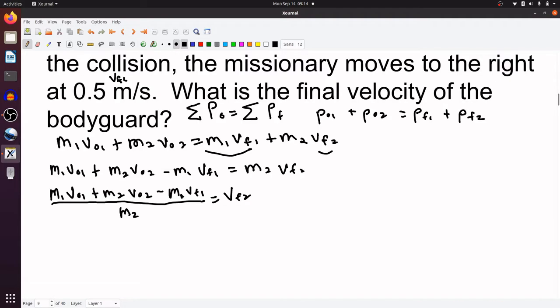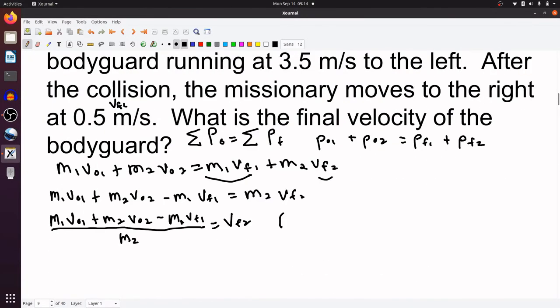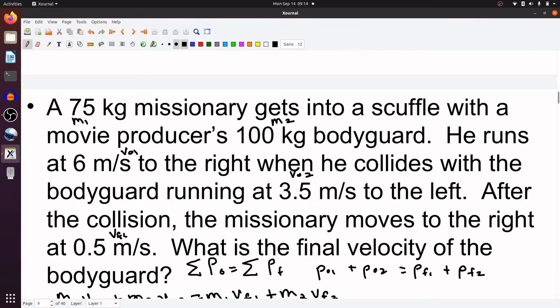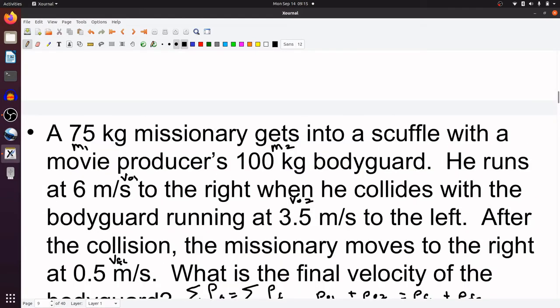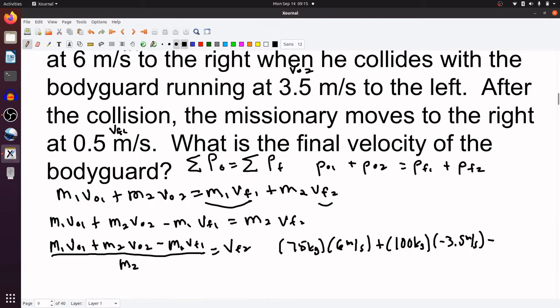I did not give myself that much room. Okay, but I can do this. All right, M1 was, we said, 75. And it says running to the right, so that's going to be a positive 6. Plus the mass of the bodyguard, that was 100 kilograms. And they were running to the left, so it's a negative 3.5 meters a second. And then minus M2, or M1, that looks like a 2.